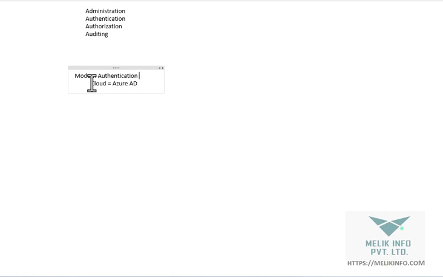Azure Active Directory helps you to manage your authentication and authorization when it comes to cloud. Azure Active Directory is a Microsoft implementation of the cloud identity provider, or you can say it's a cloud based identity provider.